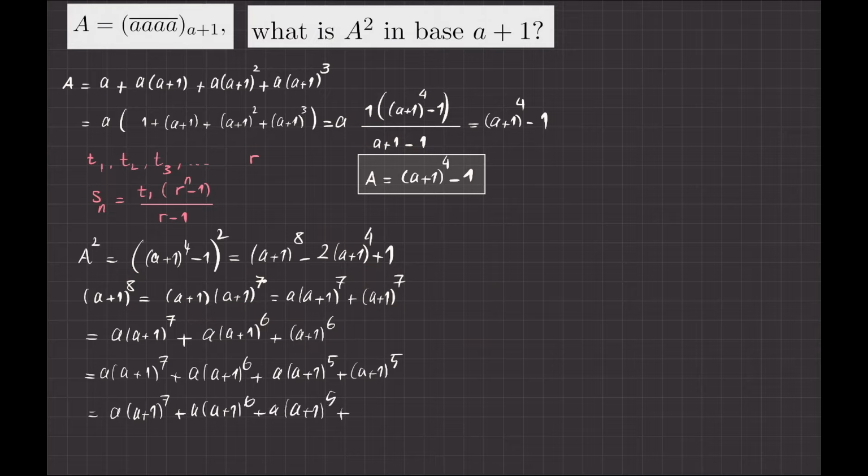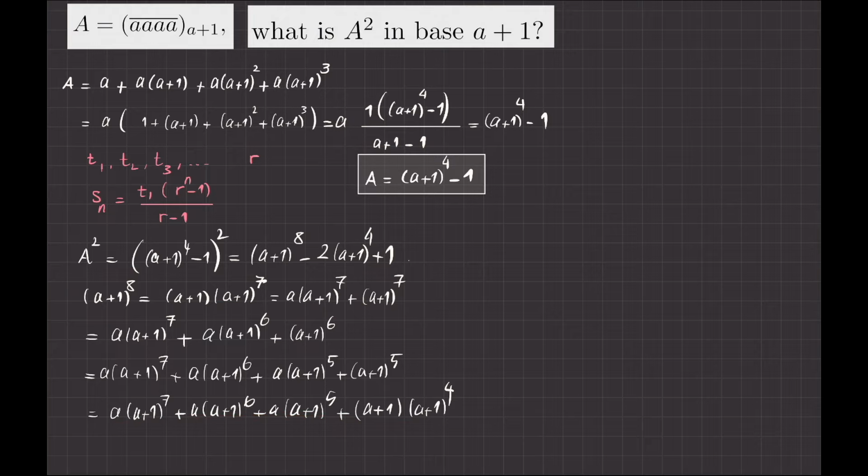The next one, what do I write? I will write (a+1) times (a+1)^4, but I will not continue. So what I actually hopefully could convince you is that (a+1)^8 can be written in this form. Okay, now I will take it with me and put it here.